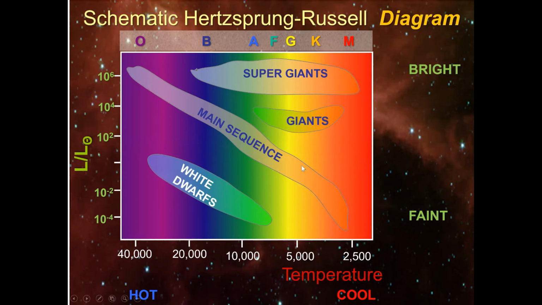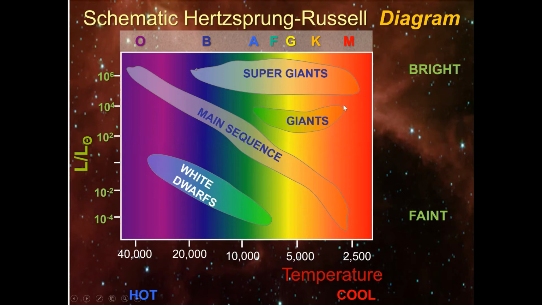What you can see here is there's this diagonal in the diagram, which is where the main sequence stars are. Remember, those main sequence stars are those stars that are combining hydrogen in their core to form helium, fusing hydrogen to form helium. And remember, this is where a star spends a large majority of its lifetime, in this main sequence.